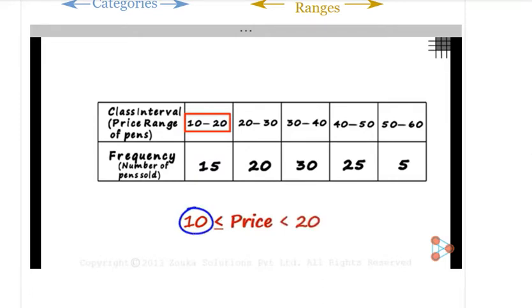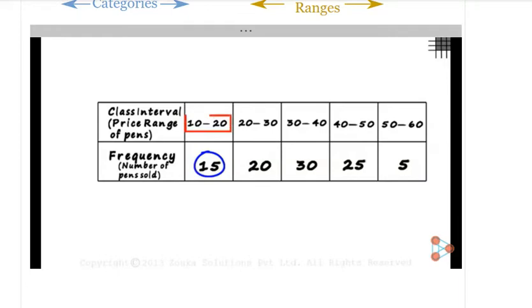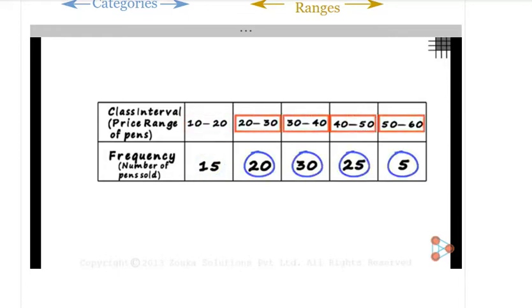The lower limit is included, but the upper limit is not. So in the second group, 20 is included along with all numbers less than 30 but not equal to 30. In the second row, we have the number of pens sold for each category. 15 pens of this category were sold, 20 of this category, and so on.